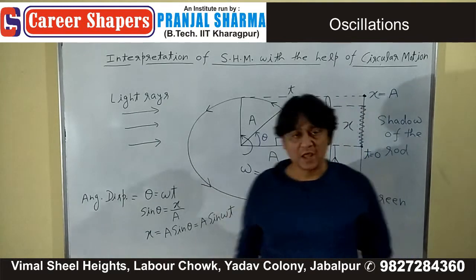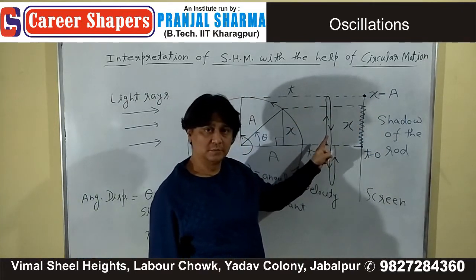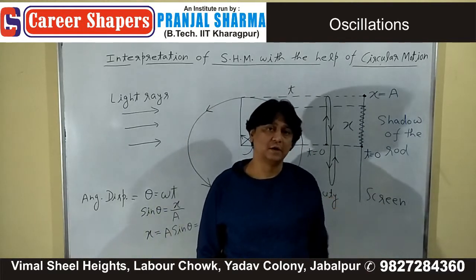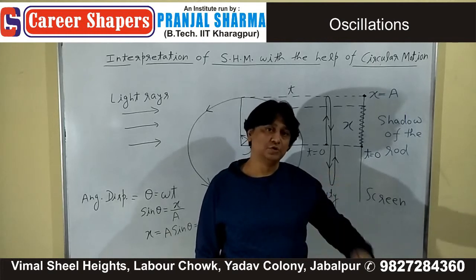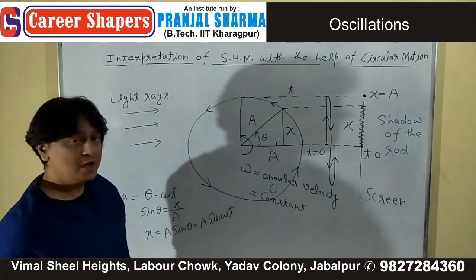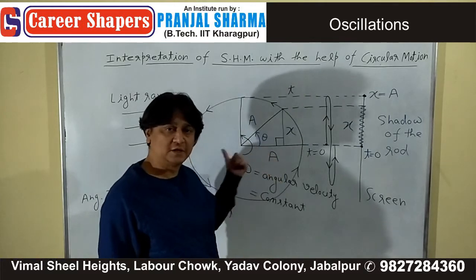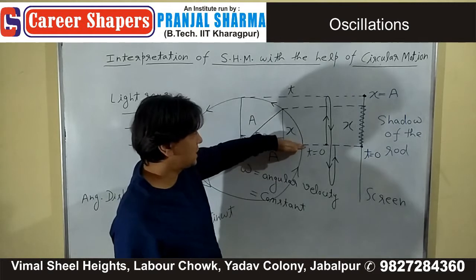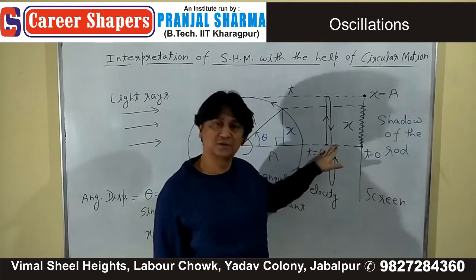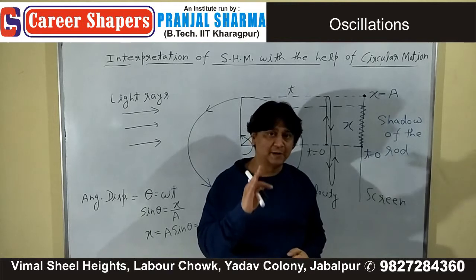That means what? If somebody is looking at the tip of shadow, then you know that in simple harmonic motion, speed is not constant. At the mean position, speed is what? Maximum. At amplitude, it becomes what? 0. But if I ask you which one completes its motion first, this rod, it completes a full circle first, or tip of shadow completes full oscillation first, then you will say that they both take same time.